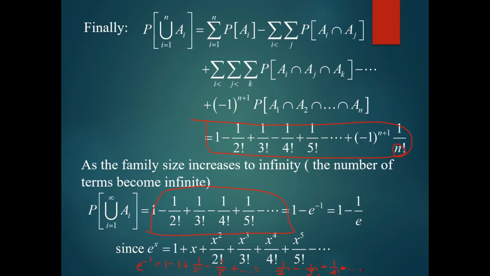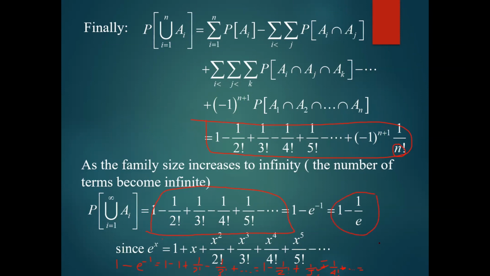Now, so that this will become this one, you just need to subtract it from 1. So that becomes 1 minus, then this will become plus, this will become minus, and this will become plus. Okay, so that's actually the expansion.